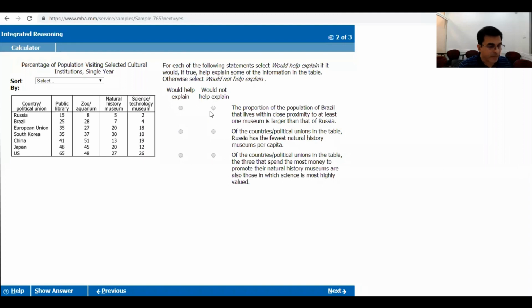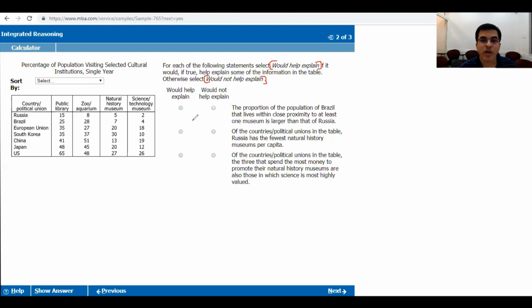But there's a very big difference now coming in the question. In the earlier question, we had a yes and no. In this question, it says would help explain and would not help explain, which is what we are seeing here.